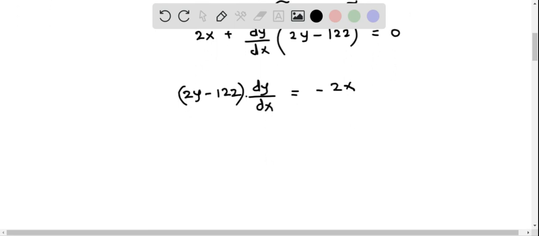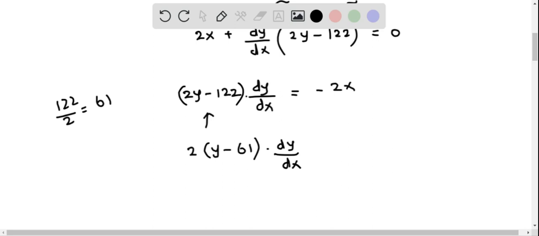Now let's simplify this. We can factor 2 from these two terms. When I do that, I get 2 times y minus 61, because 122 divided by 2 is 61. So this is y minus 61 times dy by dx, and this equals negative 2x.